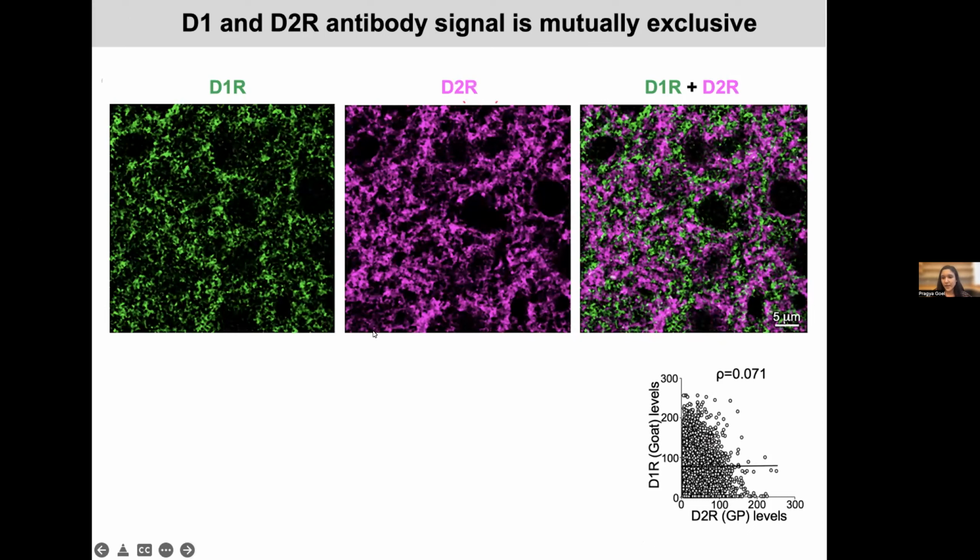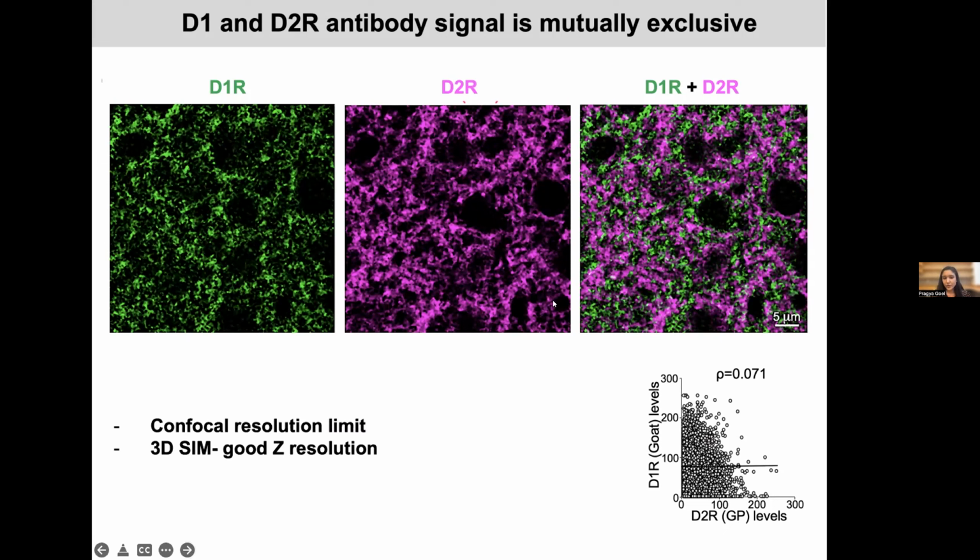So I found that the signal from both antibodies was actually mutually exclusive, which is demonstrated here by a very low correlation coefficient, and also consistent with previous literature showing that these receptors are exclusively expressed on MSNs. So either D1R would be expressed or D2R.